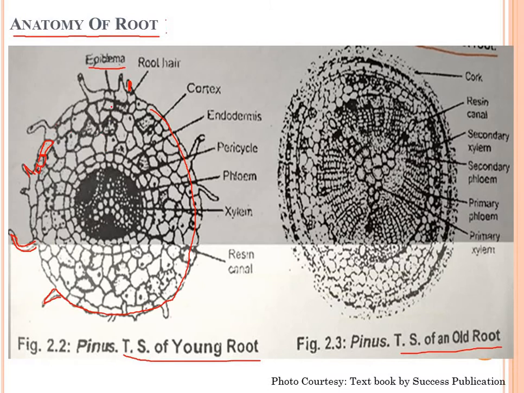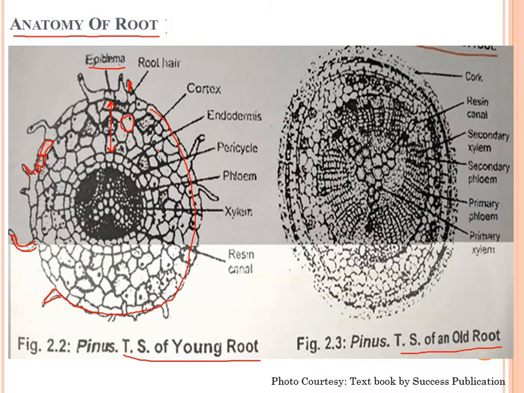Then inside the epidermis, the cortex is there. It is actually made up of cortical cells. See, this part is known as cortex, and these are cortical cells, and these cortical cells are somewhat rectangular, pentagonal, and intercellular spaces are absent within them.